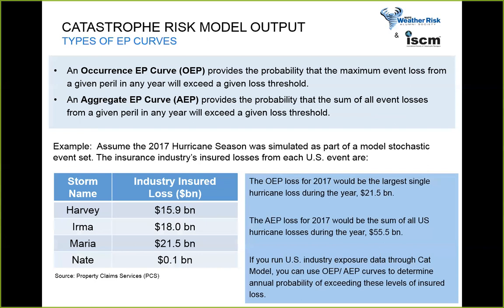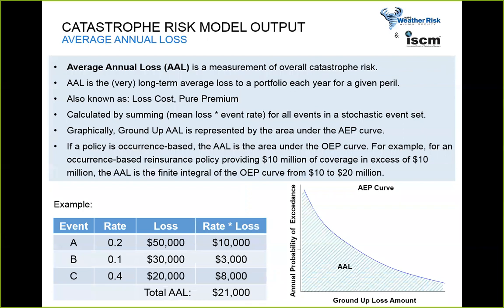So these are two very important views of the risk. And one other metric that comes out of these EP curves that's very important is what we call the average annual loss. This is a measurement of overall catastrophe risk to a portfolio or a single risk. And it is really what we would consider the very, very long-term average loss to an individual risk or a portfolio during a calendar year for a given peril.